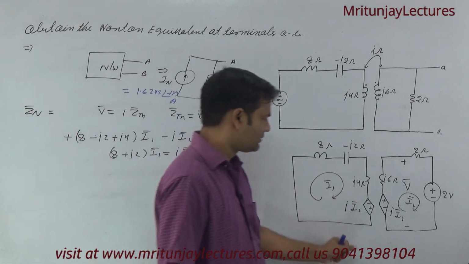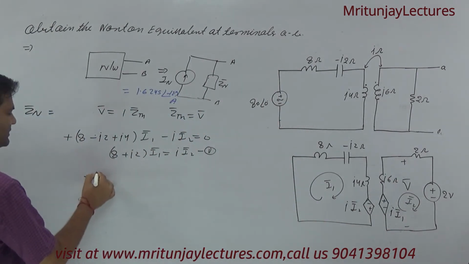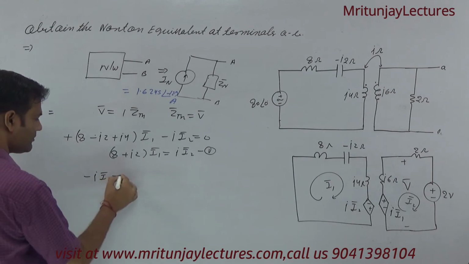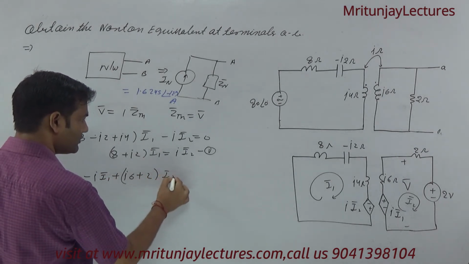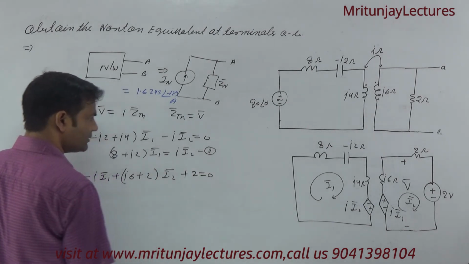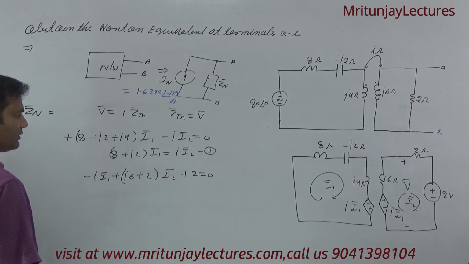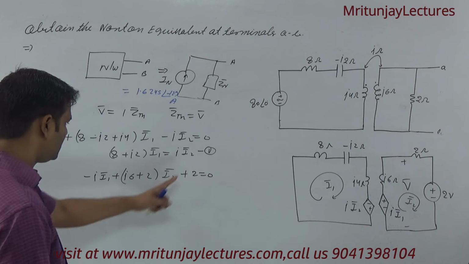Okay, from this one apply KVL in this loop. Minus J I1 plus J 6 plus 2 I2 plus 2, this will be equal to 0. Okay. Now what about I2?